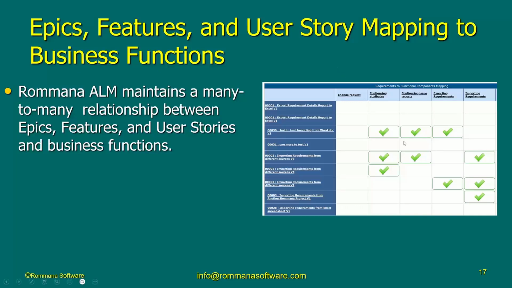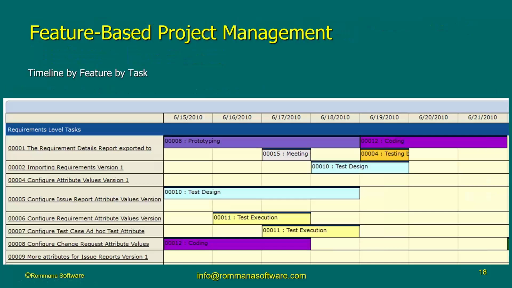And this is done in real time. If this is a user story, if you find that user story relates to this, you click here to create a relationship and so on. All right, I have 3 minutes left.